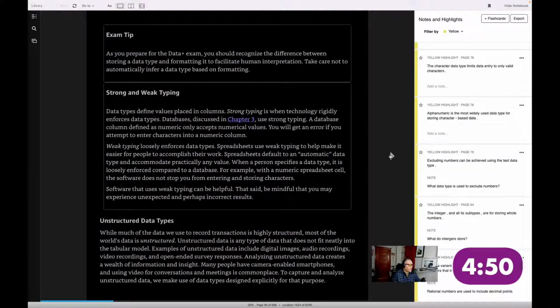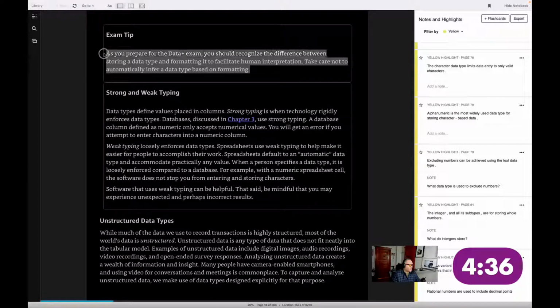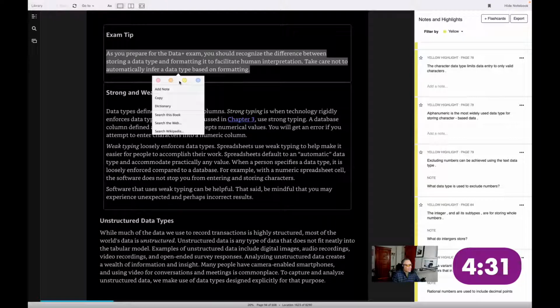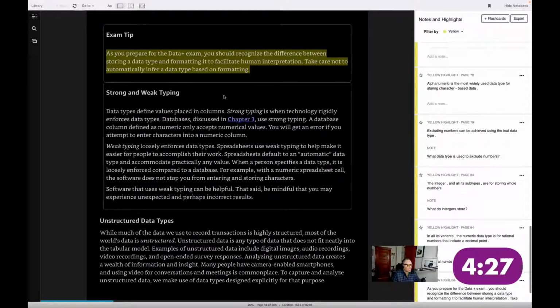As you prepare for the Data Plus exam, you should recognize the differences between storing a data type and formatting it to facilitate human interpretation. Take care not to automatically infer a data type based on formatting. Important. I could see that being something on the exam as well.